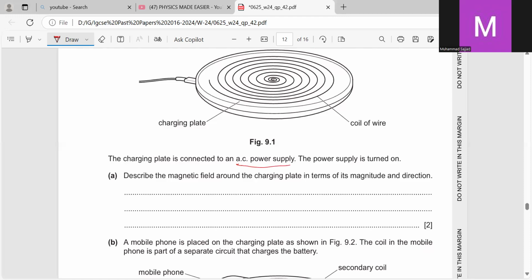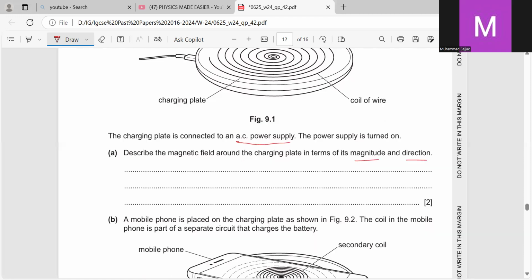Direction also depends upon the direction of current. So if the magnitude of current changes, the magnitude of the magnetic field will also change. And if the direction of current reverses with time, the direction of the magnetic field will also reverse. So 2 marks are there and 2 valid points we can write in terms of magnitude and direction.